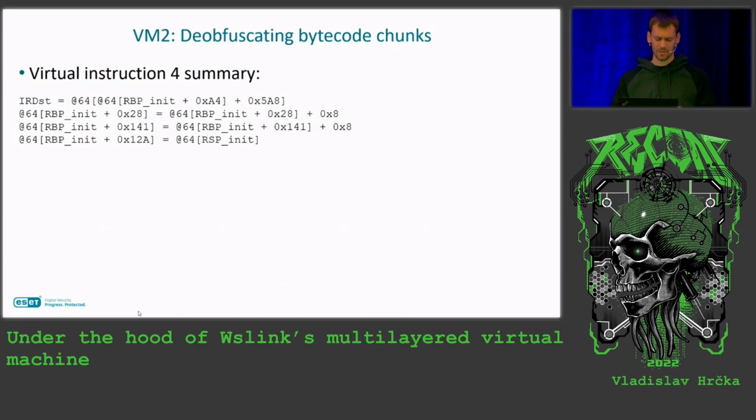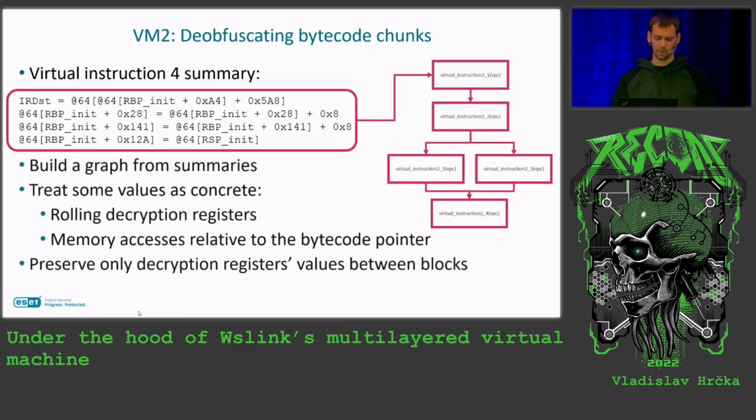And now if we look at the summary, we want to deobfuscate the bytecode in the following way: we will just create a control flow graph out of the summaries to see what the bytecode actually does.